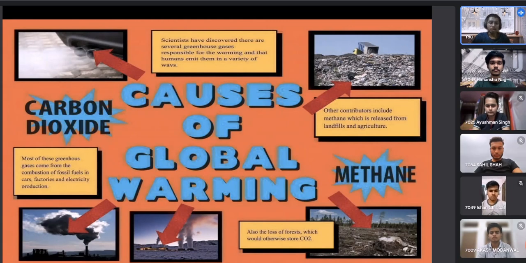Now the next most important point is deforestation. Deforestation is the ruthless cutting down of forests and plants for land or any other need. Now, you would be wondering why deforestation is a cause of global warming. It is a cause of global warming since plants naturally reduce the atmospheric concentration of greenhouse gases.